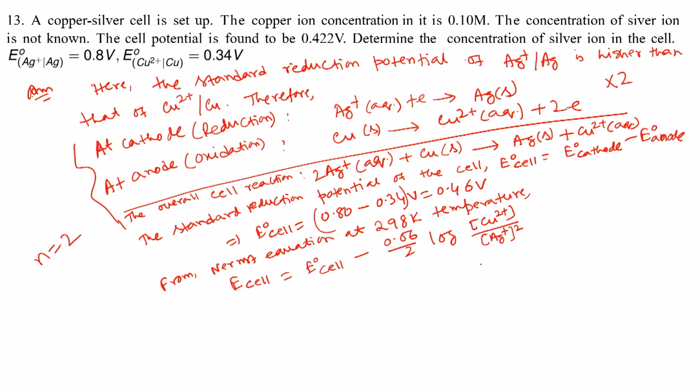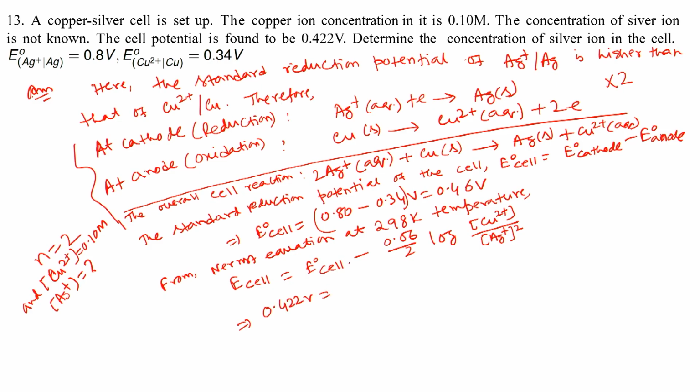Now, the concentration of silver ion is not known, so we need to calculate it, but the concentration of copper ion Cu2+ is given as 0.10 M.